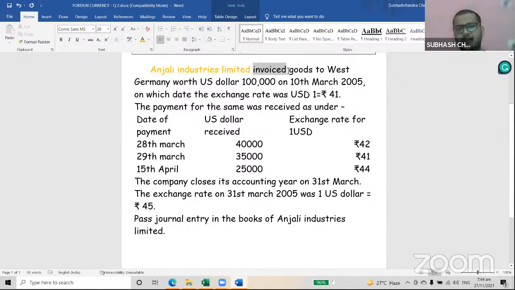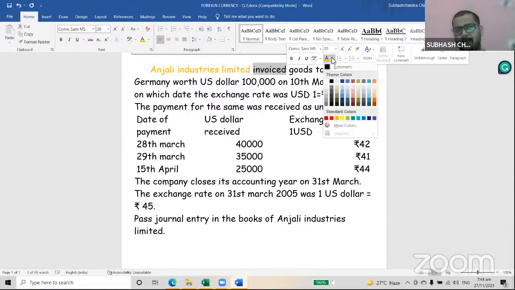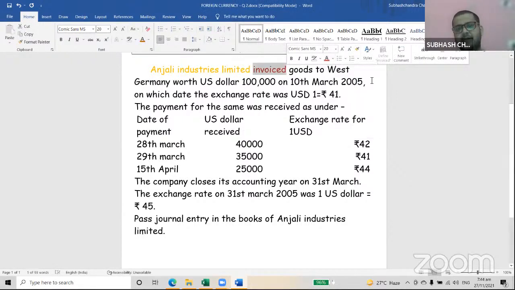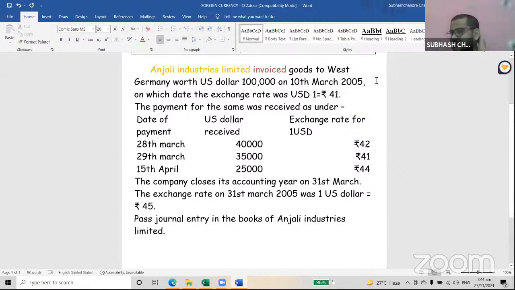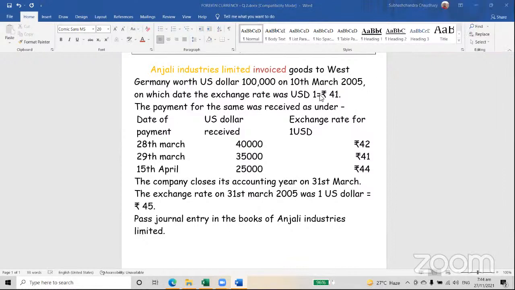Sold out or purchase? Can anyone tell me what is the meaning of invoice here? Sale or purchase? Yes, all of you say. Sir, it is purchase.